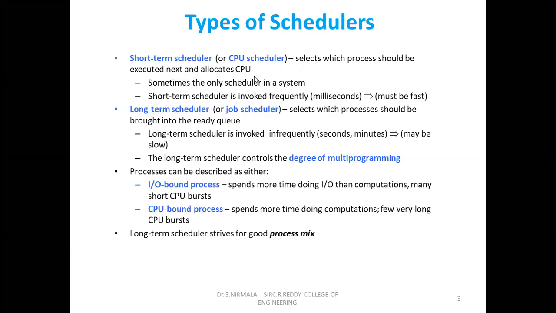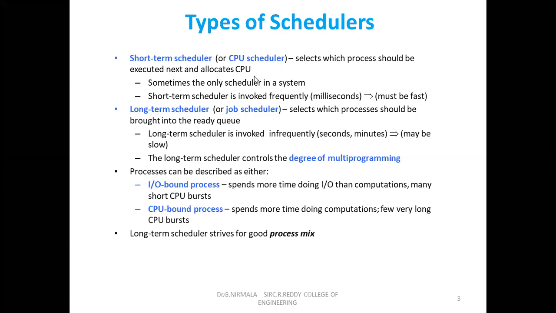For example, in the ready queue there are P1, P2, P3, P4. By applying some scheduling policy or algorithm, you have to execute P1 first, followed by P2, P3, P4, in some order. Likewise, the short-term scheduler selects the process and allocates it to the CPU.